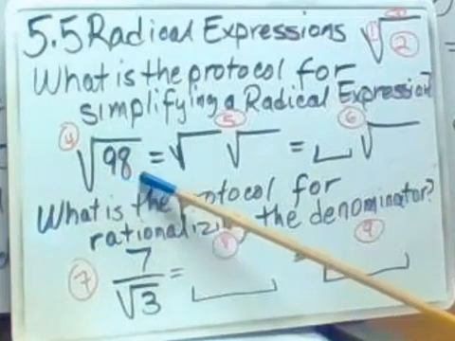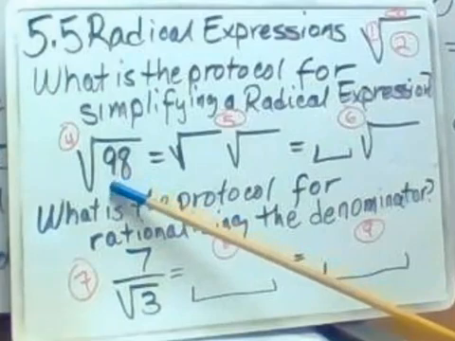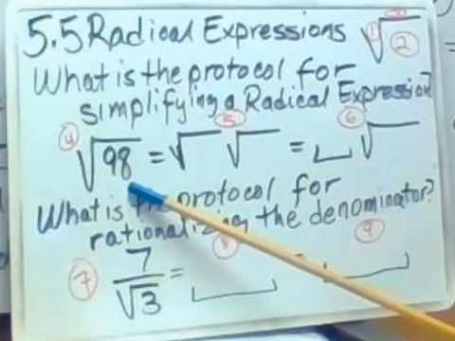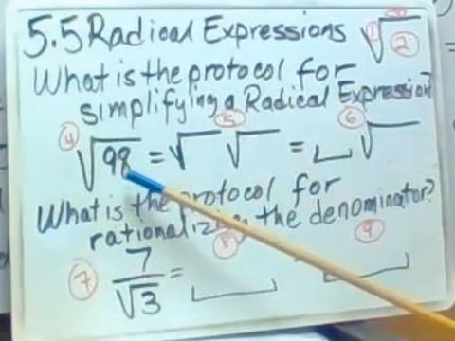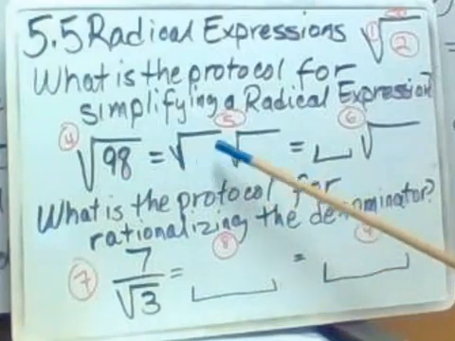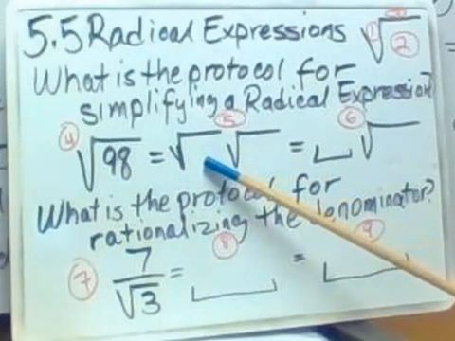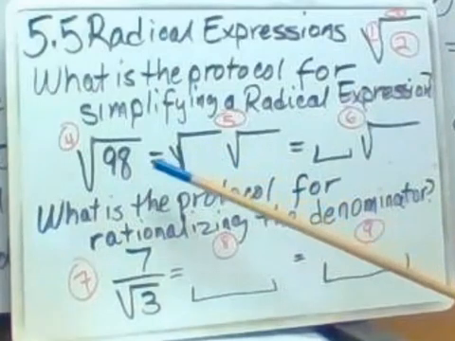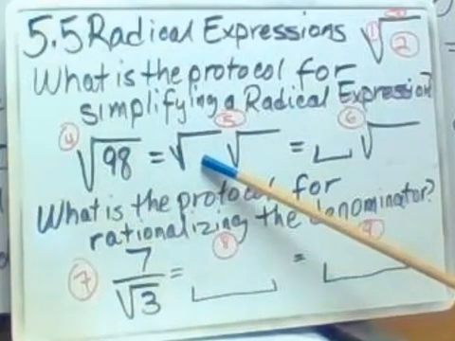If you divide 98 by 2, you get 49. 49 is a perfect square. So what you then do is, in 2 sets of radical signs, in the first one, you put the largest perfect square factor of 98, which is 49.